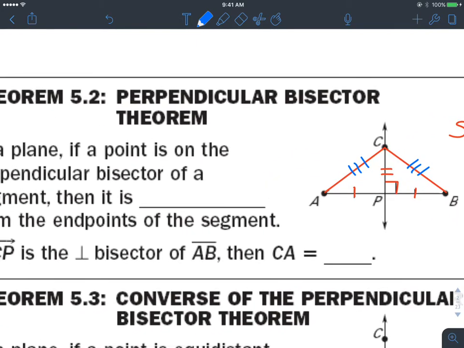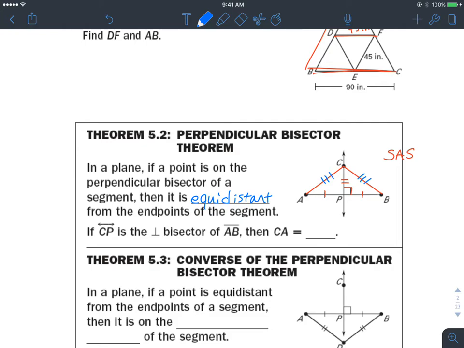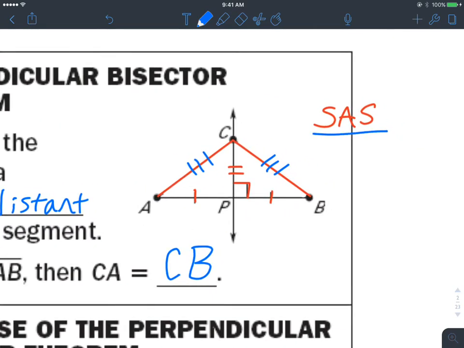Okay, so we can fill in this word, equidistant. C is equidistant from the endpoints of your original segment. So we can say CA is equal to CB, whatever those measures are, and that's because of side angle side.